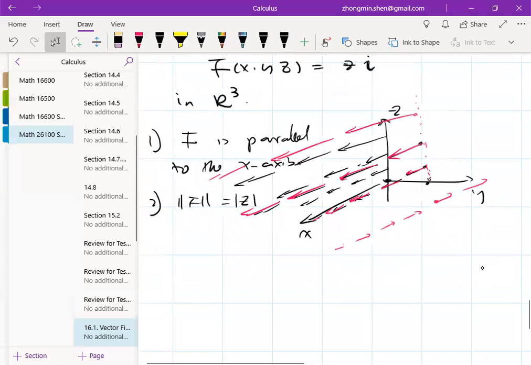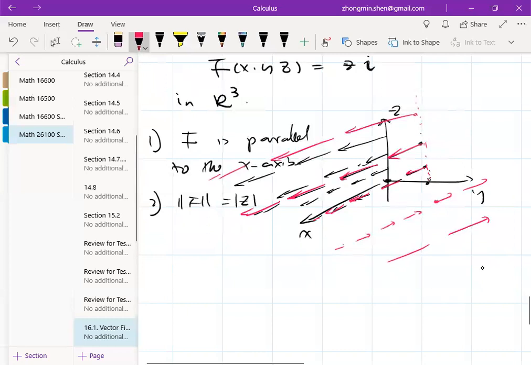So above the XY plane, they all point to the positive x-axis. Below the XY plane, all the vectors point to the opposite direction, the negative direction of the x-axis. Okay, so if you can describe it clearly like that, then you get the correct picture.